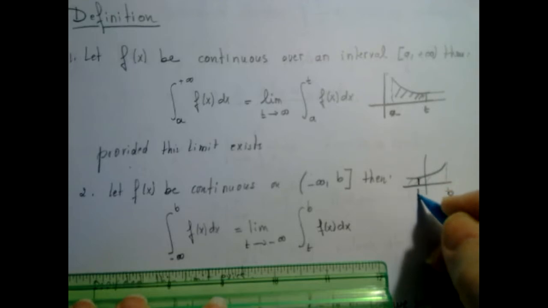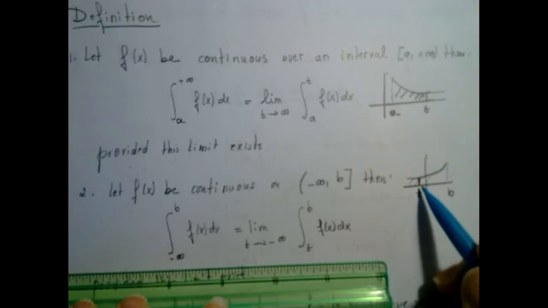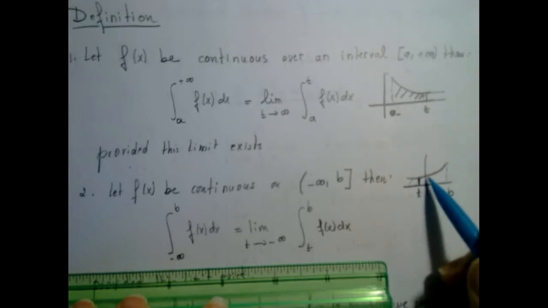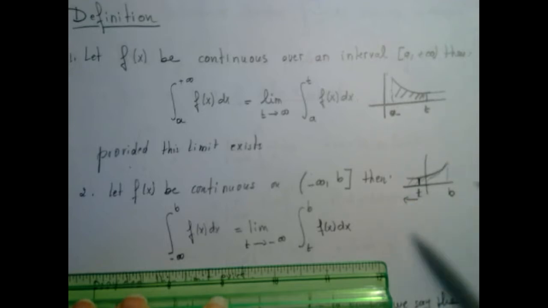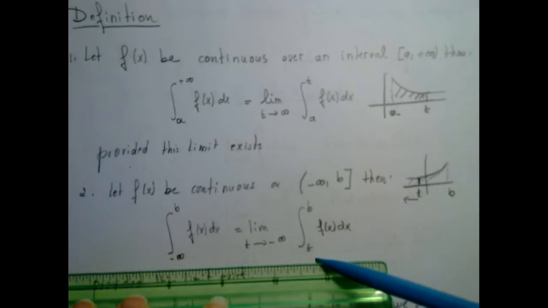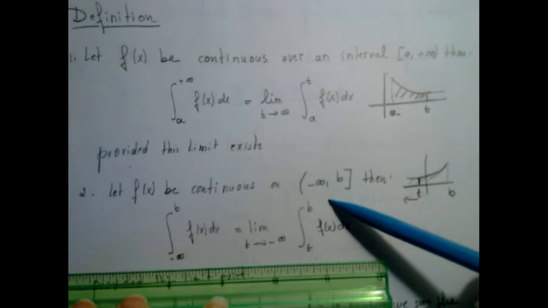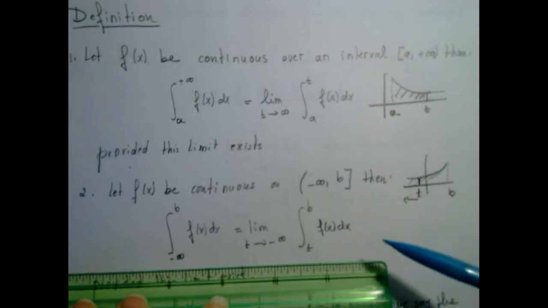It's the same approach. We find the integral from t to b, and then we let this t go to minus infinity. The integral with lower bound t and upper bound b of f of x dx, the limit as t goes to minus infinity.